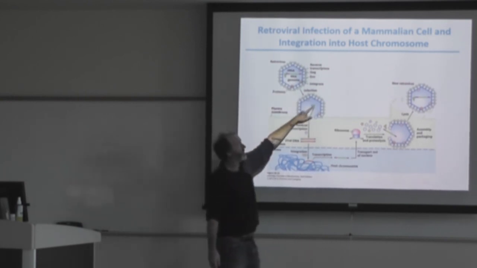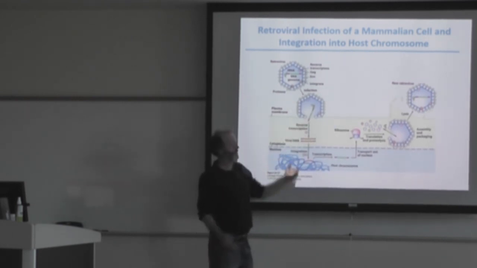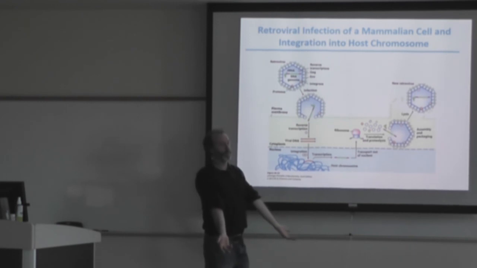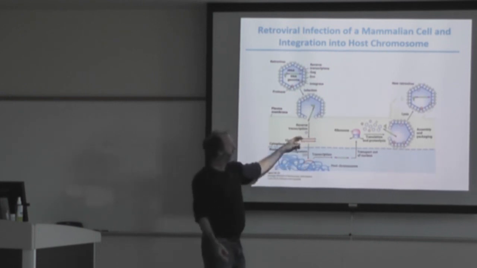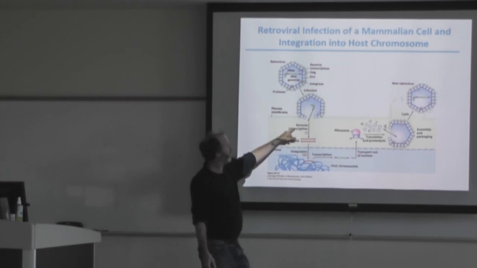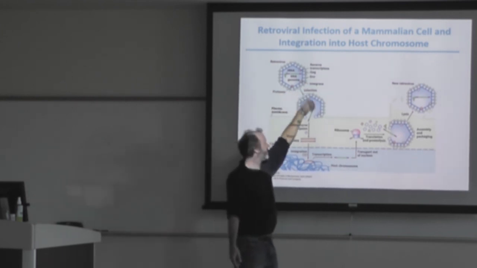The tRNA works as the primer for reverse transcriptase to make a heteroduplex RNA-DNA duplex, and then the RNase activity removes the RNA, and you make a double-stranded viral DNA. That will be incorporated via integration factors that come along with the virus, the integrase.